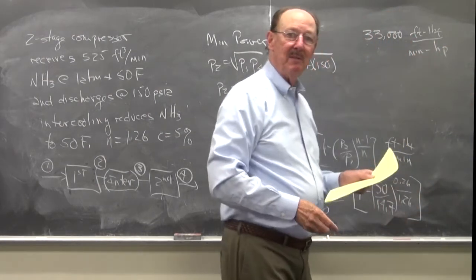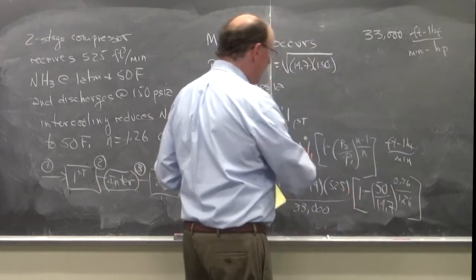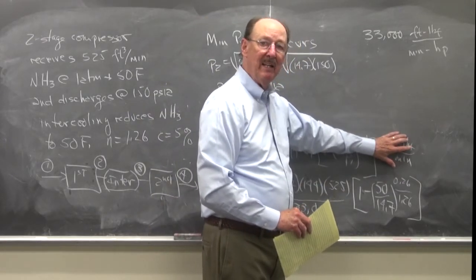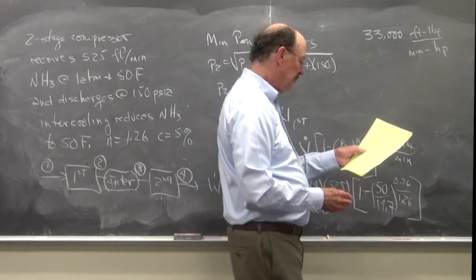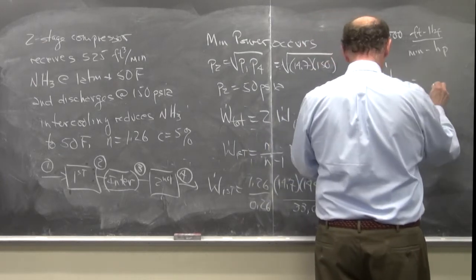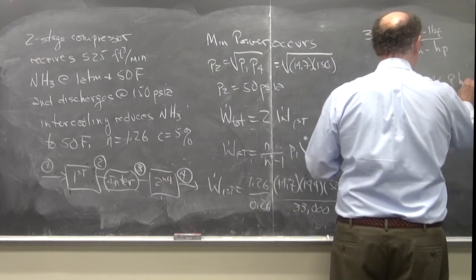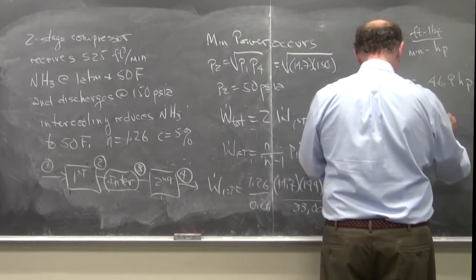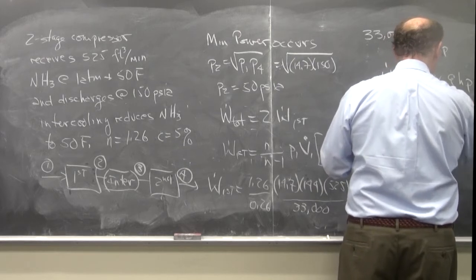I had to read my own notes, so it was a little difficult. So if I divide by this 33,000, it converts this term, which is in foot-pounds force per minute, a big number, down to a smaller number. So W dot of the first stage is equal to 46.9 horsepower. So W dot total is twice that, equal to 93.8 horsepower.